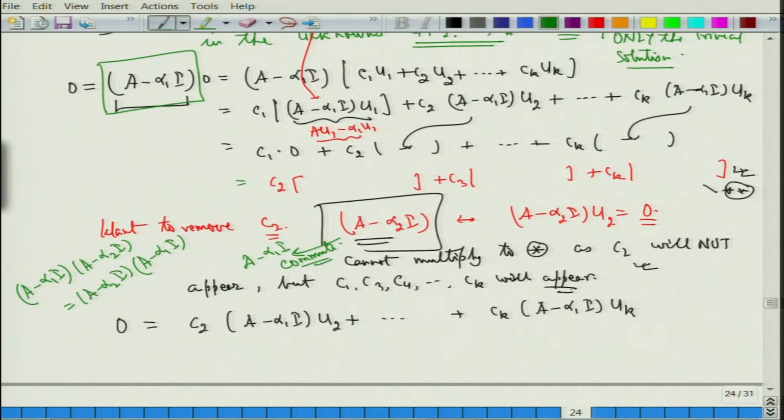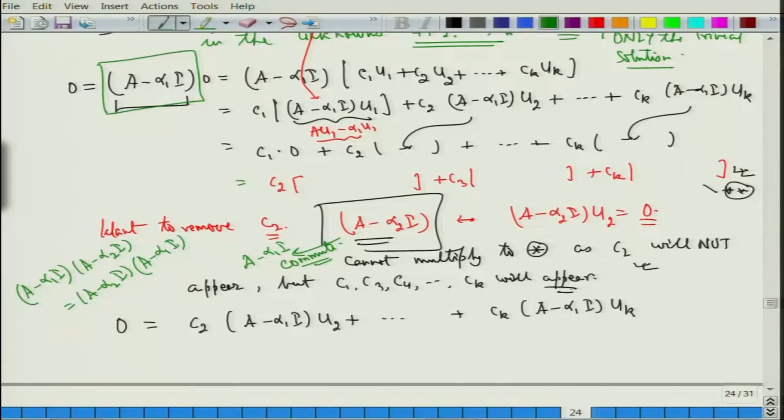Why do they commute? Because I am just multiplying by A itself and by identity. Identity commutes with everything. The scalar matrices alpha 1 I or alpha 2 I commute, all right. So I would like you to check that they commute here, and therefore I can just write this as 0 times C2 of A minus alpha 1 I times A minus alpha 2 I U2, and so on.